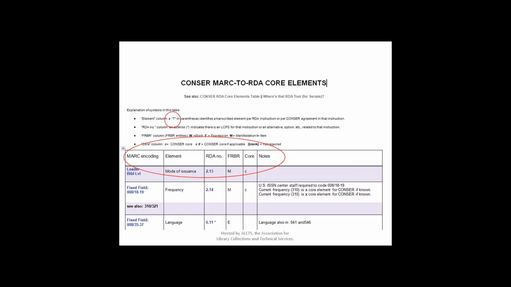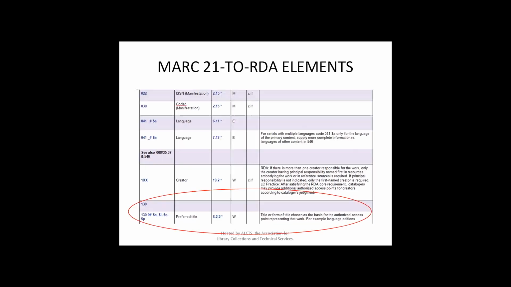It gives the RDA element and the RDA instruction number. It also notes the required, core if, or not required status of each element, and also provides notes for coding the MARC 21 element.